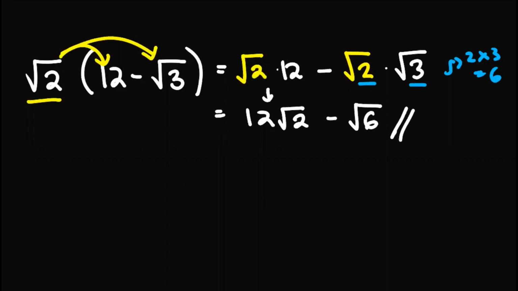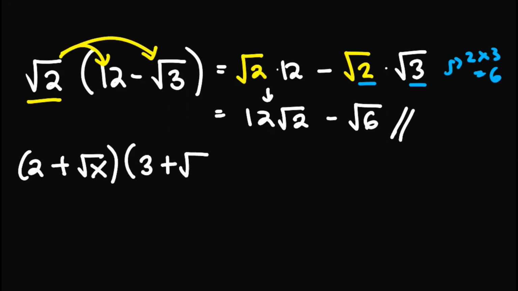Let's have this next one. Let's have 2 plus square root of x times 3 plus square root of x. From here, what can you notice? These are binomials. And do you recall how we multiply binomials? We apply the FOIL method. So to illustrate that one, FOIL method stands for first. F stands for first, so multiply the first term.